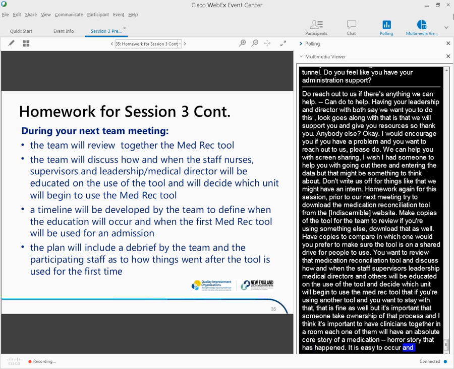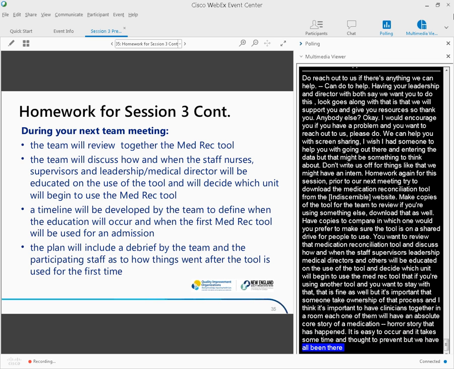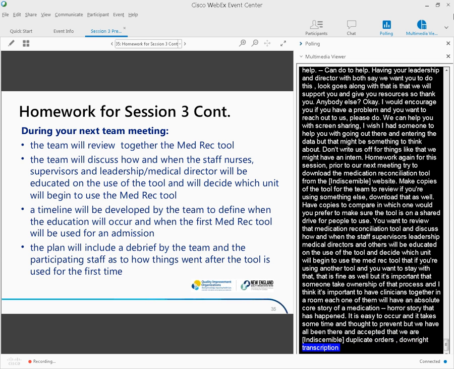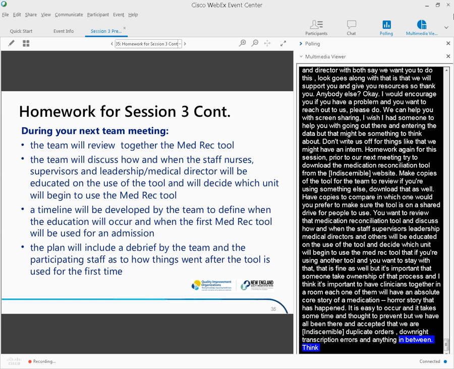We've all accepted orders from the hospital that were a little bit wonky, that didn't match what the patient went out on, duplicative orders, downright transcription errors, and everything in between. So think about that. Think about what process you have in place now and how it can be improved.